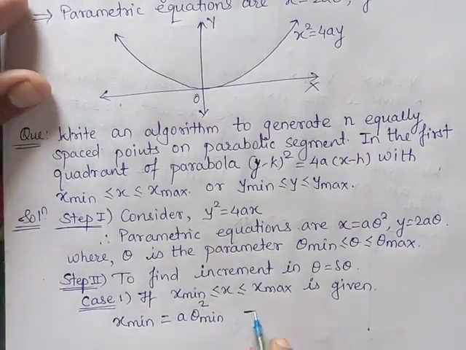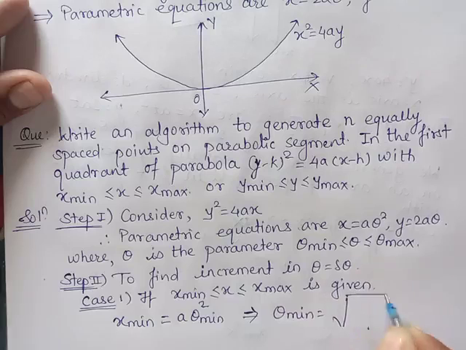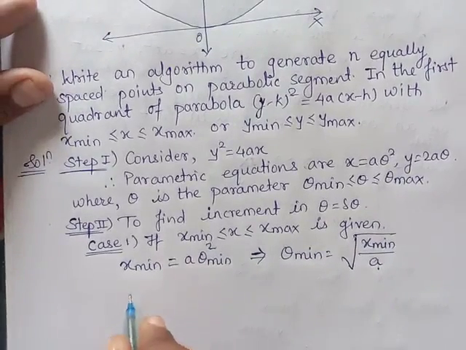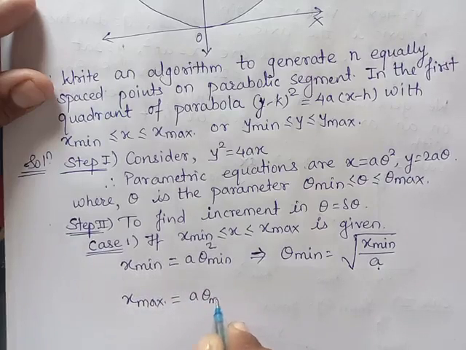So this gives theta minimum equal to under root x minimum upon a, right? Again, x maximum equal to a theta maximum square.